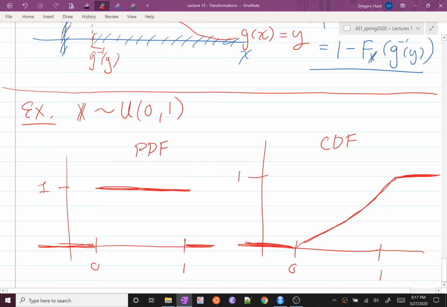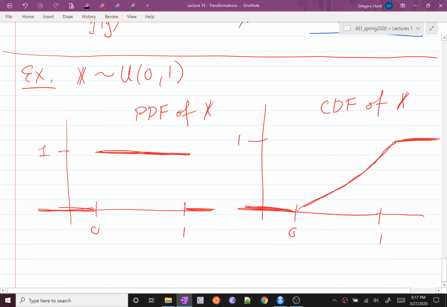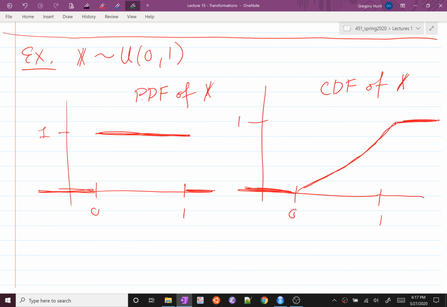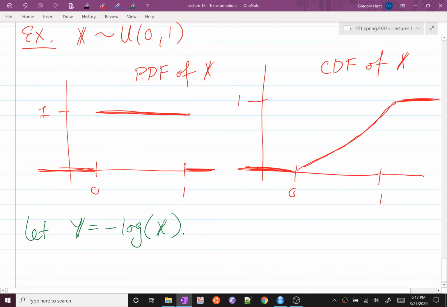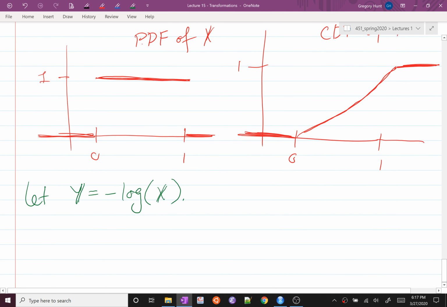So this is for x. And what I'm going to do is define Y to be negative log of X. Now that's a strange transformation. Equivalently in this case, my g of x is negative log of x.